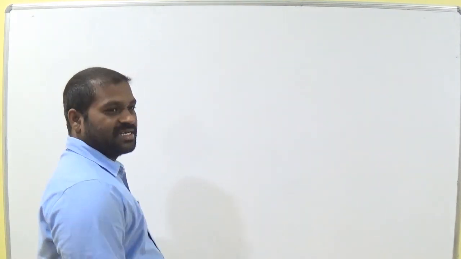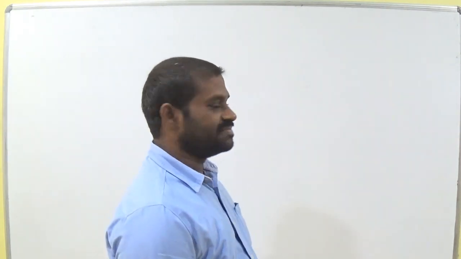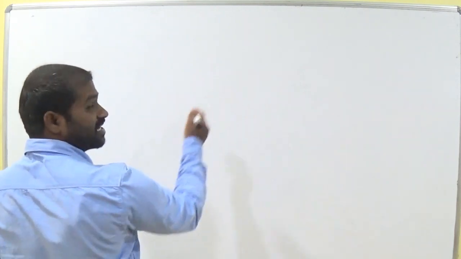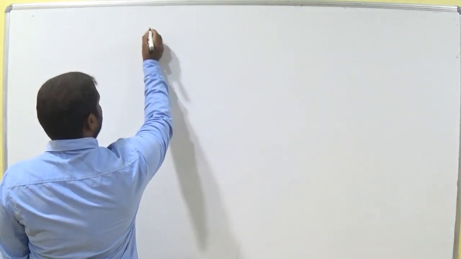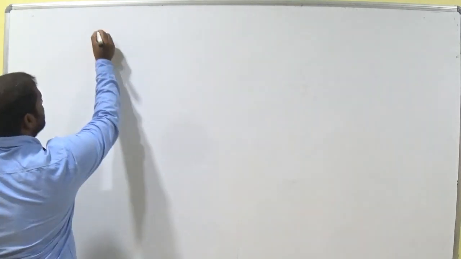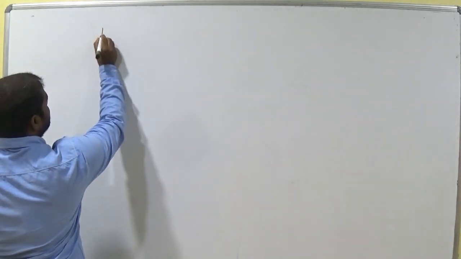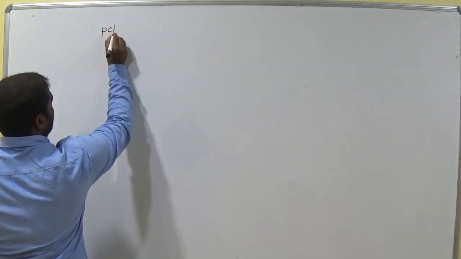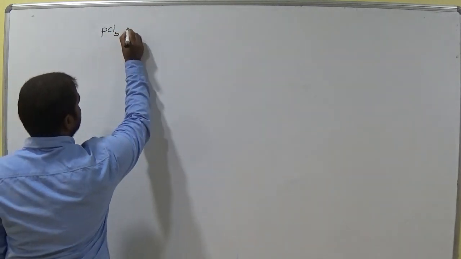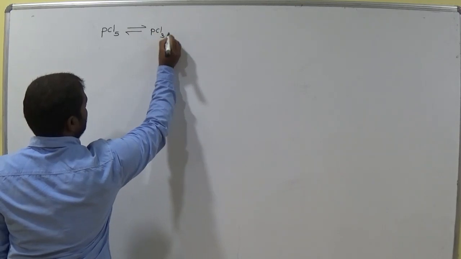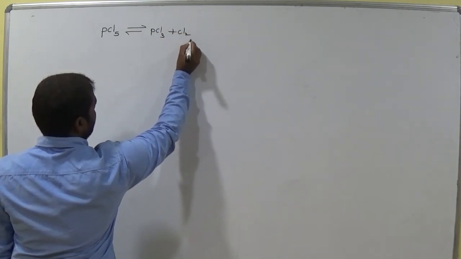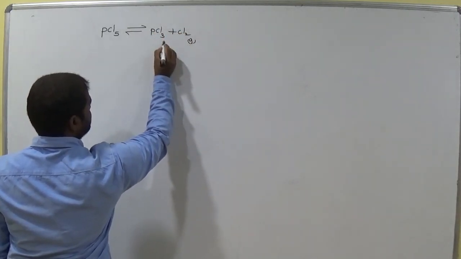So yesterday we discussed some important topics regarding Kp values. In that last equation, the given equation is PCl5 reversible to PCl3 plus Cl2 gas. Am I right?